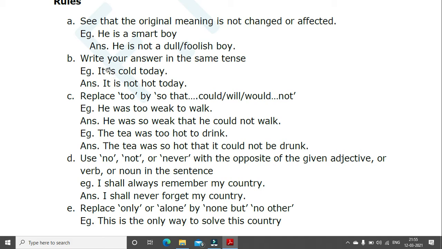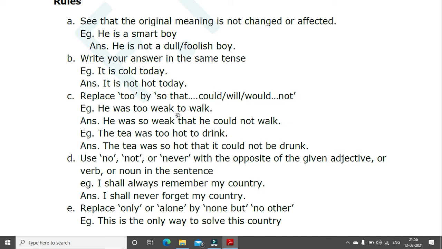If it was cold yesterday, it will become it was not hot yesterday. Clear? See, it is remains in your answer, and the opposite of cold is hot. Write the negative word and then write the opposite of the word in the question.